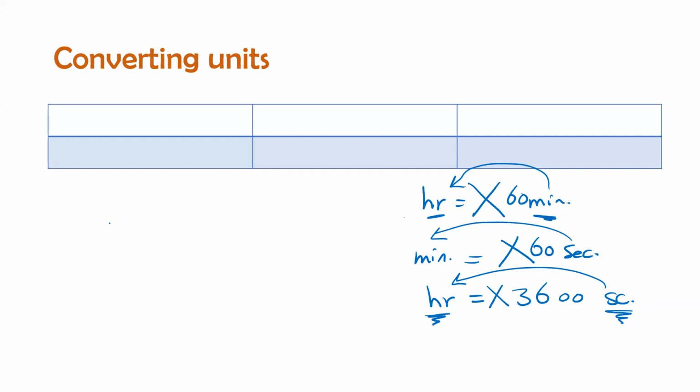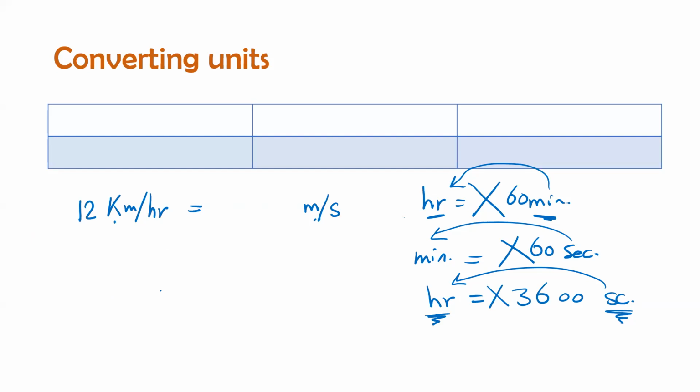How about if he gives me, for example, 12 kilometer per hour, and I want to change it into meter per second? I want to change it from kilometer to meter. What am I going to do? It's going to be divide. No, multiply, teacher.